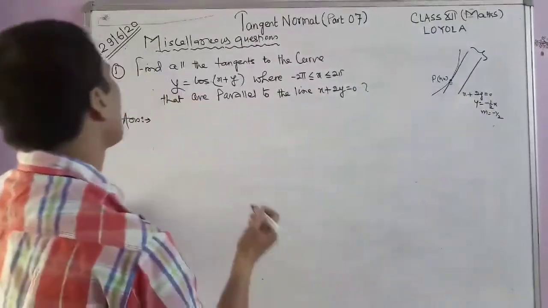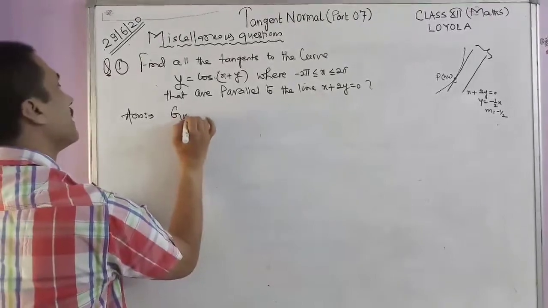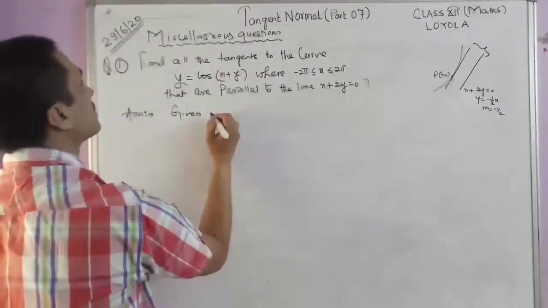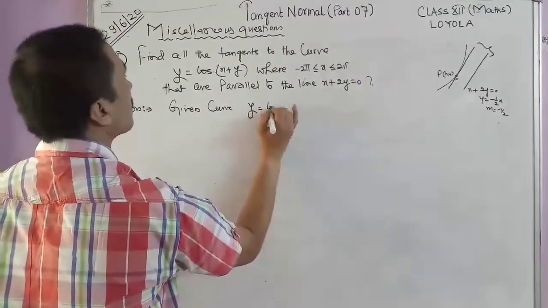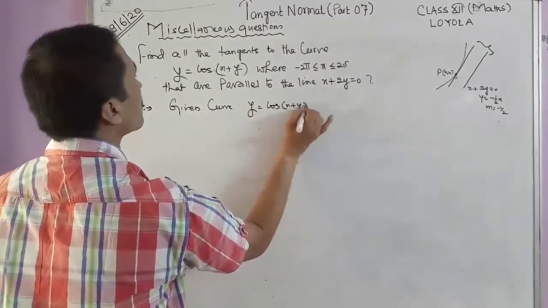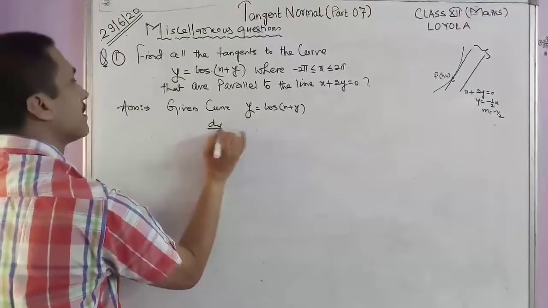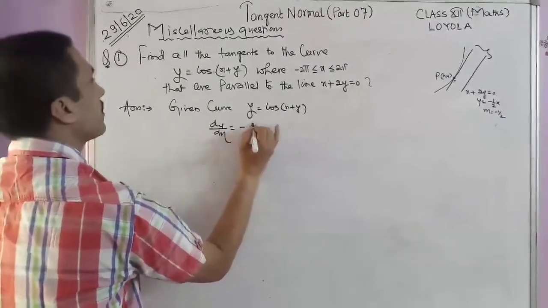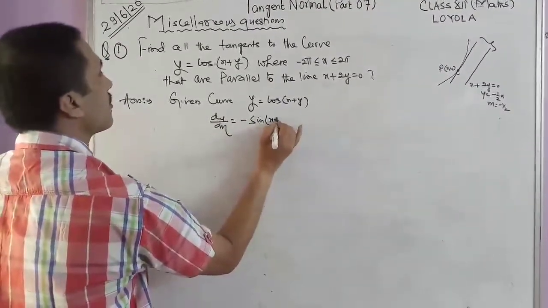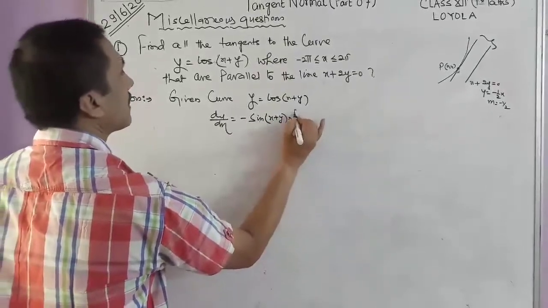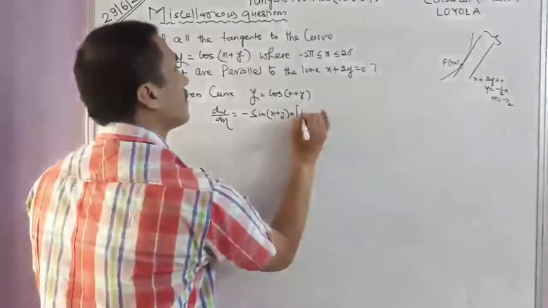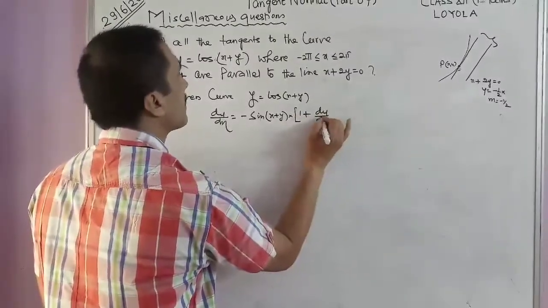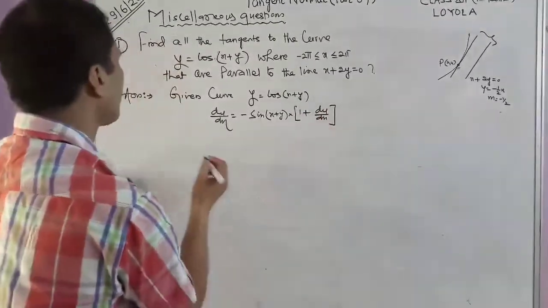For this, we differentiate the given curve. The given curve is y equal to cos of (x plus y). dy by dx equal to minus sine of (x plus y), and again the derivative of x plus y with respect to x is 1 plus dy by dx.